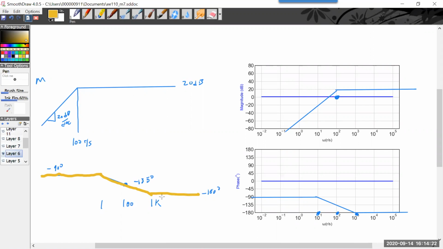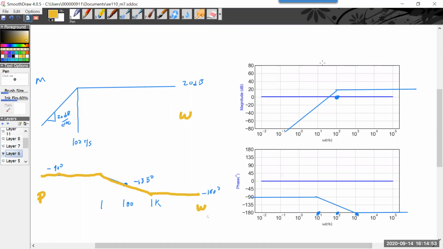But you don't have to make sure that you've got a grid and you're exactly drawing 20 dB per slope. I put these things here to guide it. But really, this is the magnitude, that's the phase, and that's the scale. That's pretty much it.